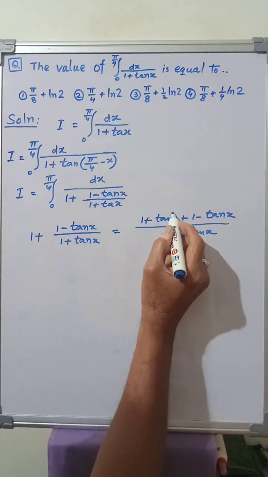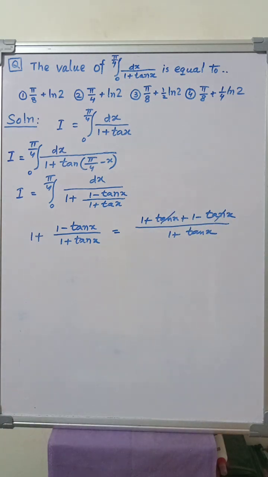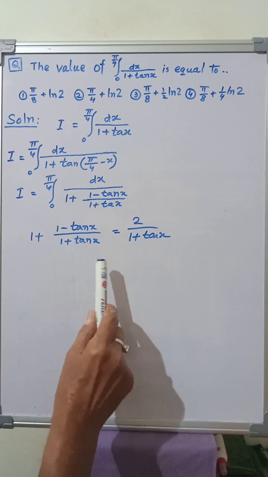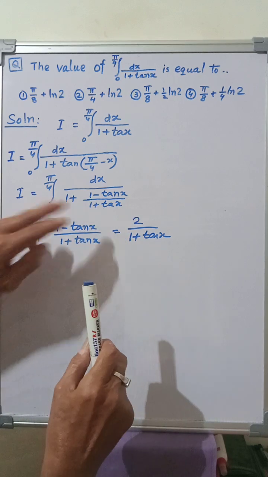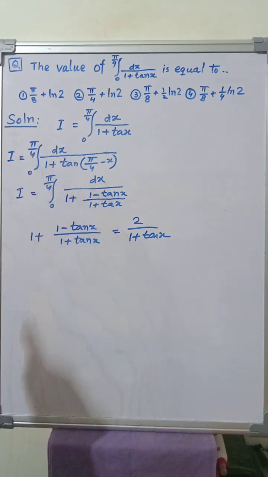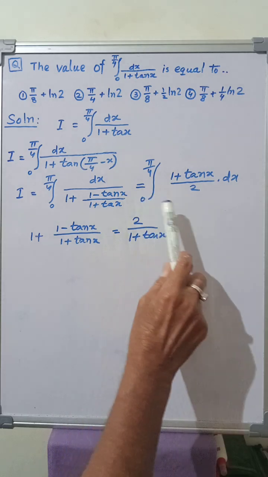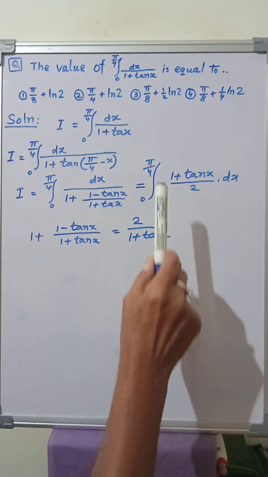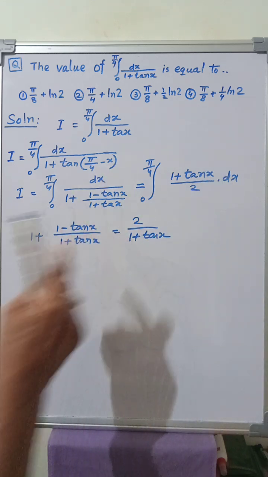Now tan x gets cancelled, which gives 2 divided by 1 plus tan x. Therefore, we get 1 plus 1 minus tan x by 1 plus tan x is equal to 2 divided by 1 plus tan x. This is in the denominator. So let us write it. Therefore, I is equal to integral between limits 0 to pi by 4, 1 plus tan x divided by 2 into dx.